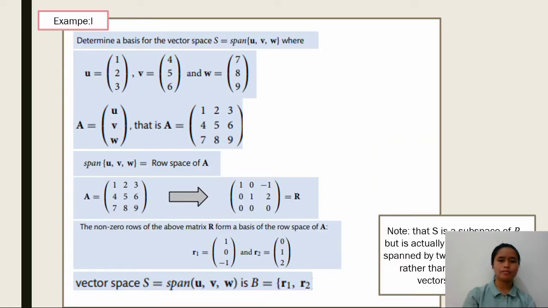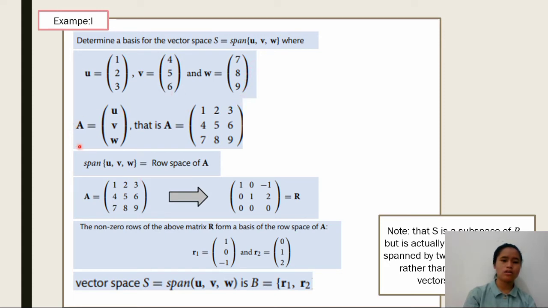Example: we determine a basis for the vector space S equals span of U, V, and Y, where U is 1, 2, 3, V is 4, 5, 6, and Y is 7, 8, 9.